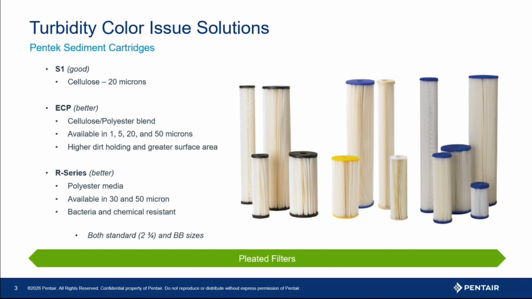The nice thing about the R series polyester, you can reuse these and sanitize them and reuse them. We don't recommend that, but there are applications where that may make sense for someone using a polyester cartridge handling their dirt load, especially if it's going to a non-potable application.